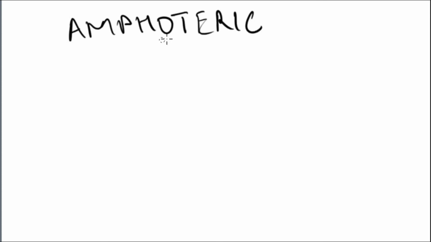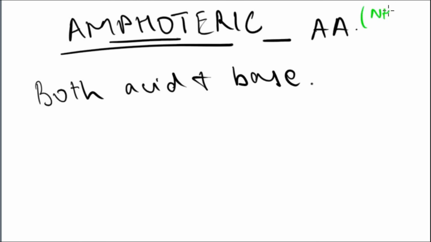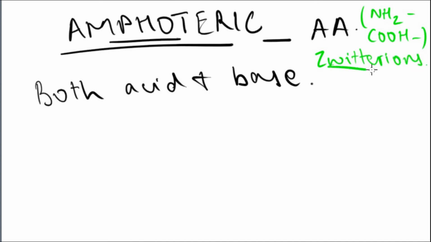And then the last part is amphoteric compounds. Now, what is the meaning? Amphoteric is when a compound can act as an acid and a base both. This occurs in amino acids, because amino acids have an amine group, which is basic, and a carboxylic group, which is acidic, so it can act as an amphoteric compound, but the term for amino acids is zwitterion. So, for example, you have hydrogen carbonate.